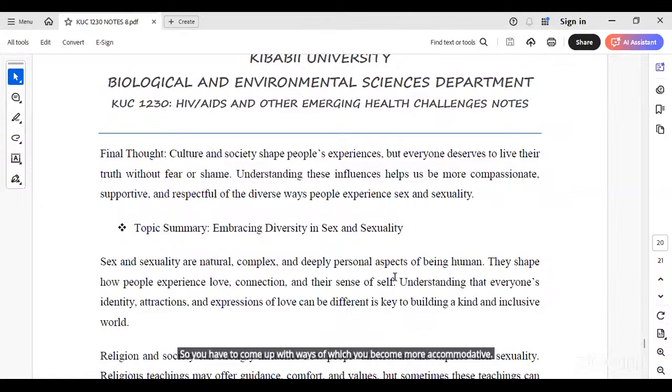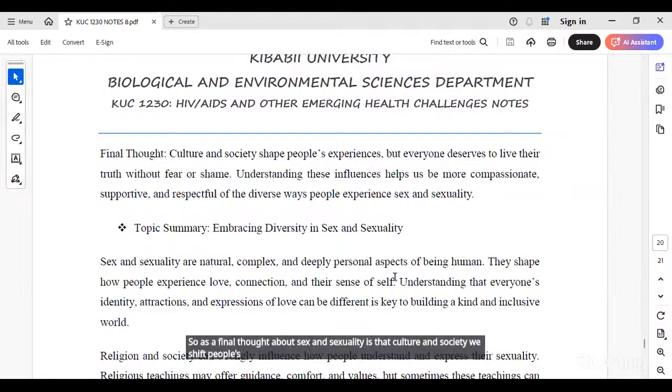So as a final thought about sex and sexuality is that culture and society will shape people's experiences, but everybody deserves to live their truth without fear or shame.